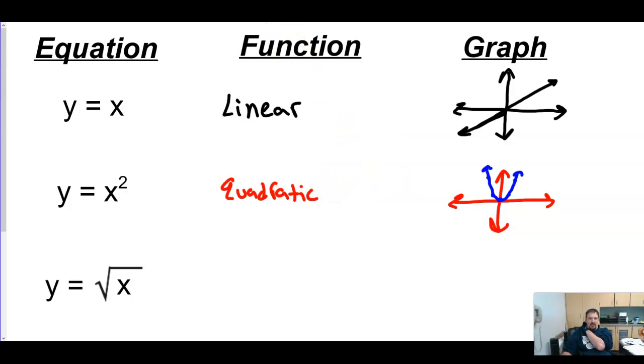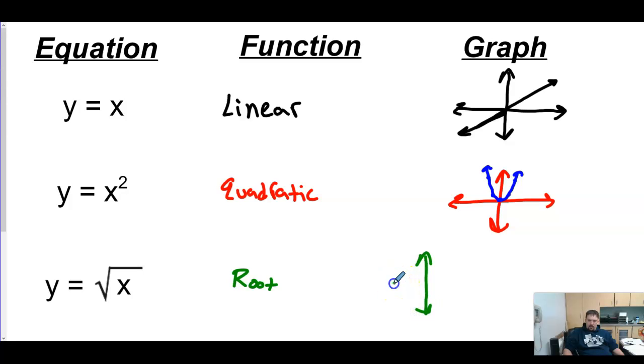Alright, so next we have the square root of x. These are known as root functions. Okay, and if I were to, wow, that is not a straight line. Let's undo that. See if we can do better.